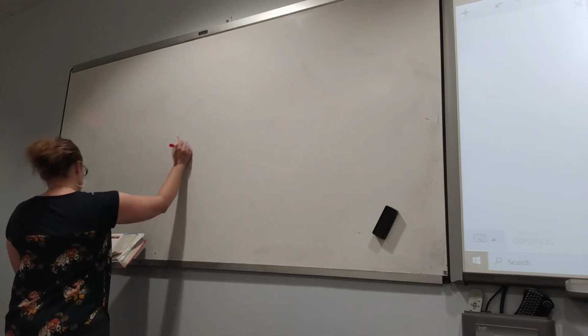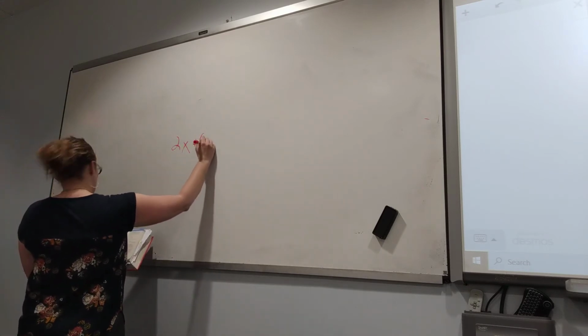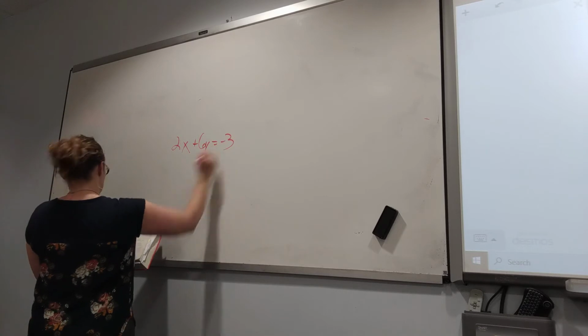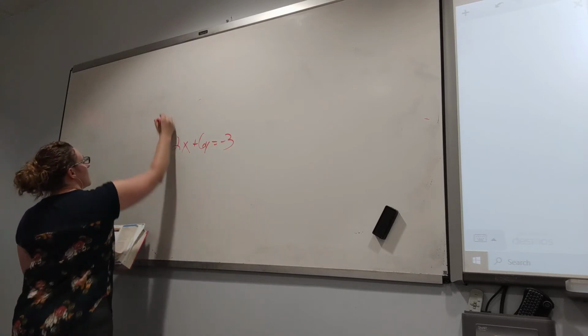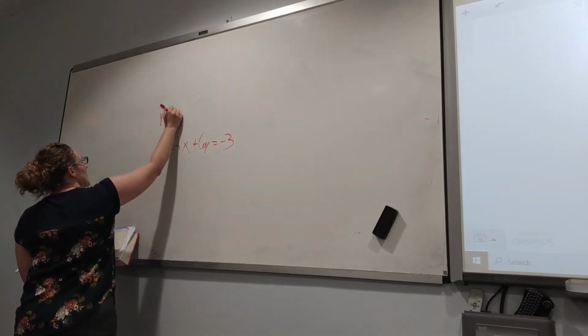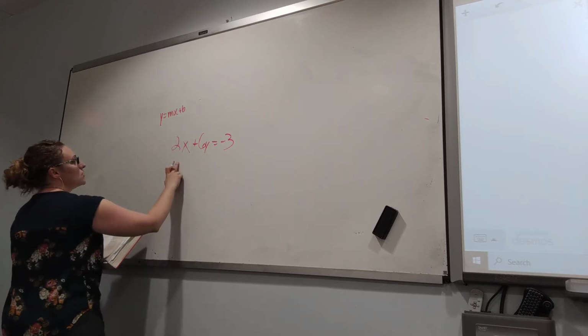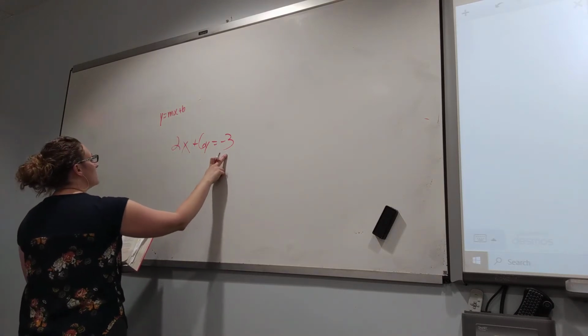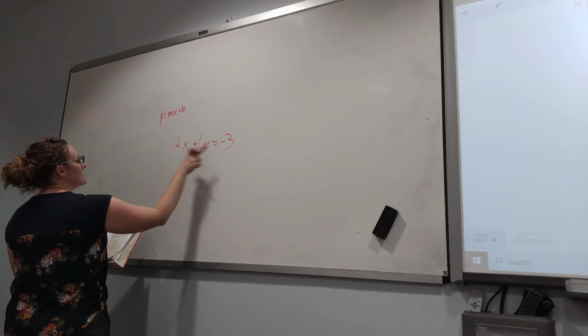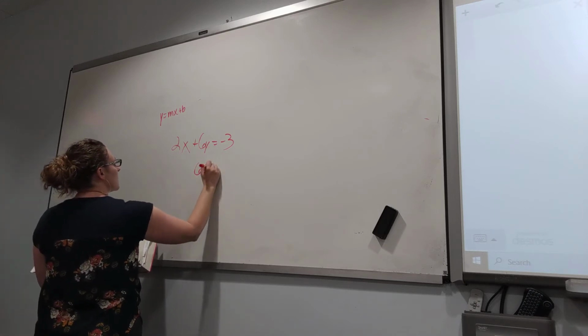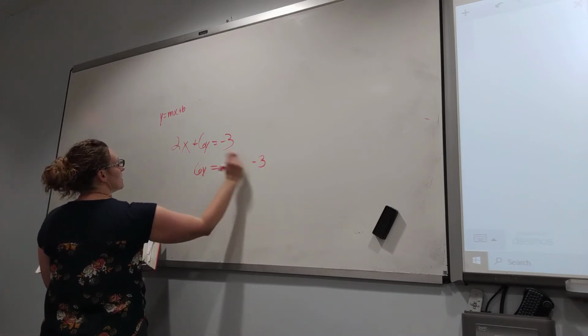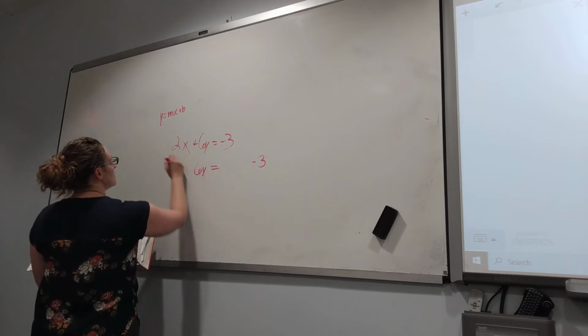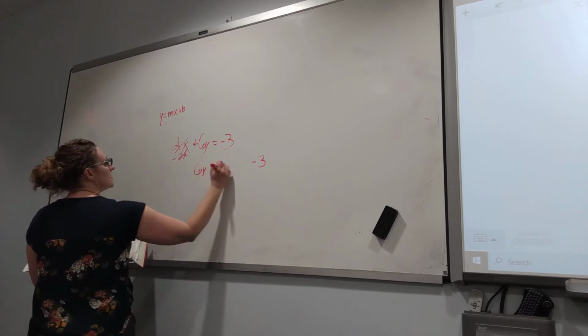All right. So we have 2x plus 6y equals -3, right? So we're just going to change this into y equals mx plus b. We need this x to be moved over. So we'll have 6y equals, moving that -3 over here, moving the 2, minus 2x.